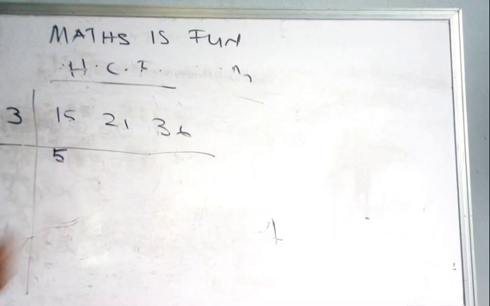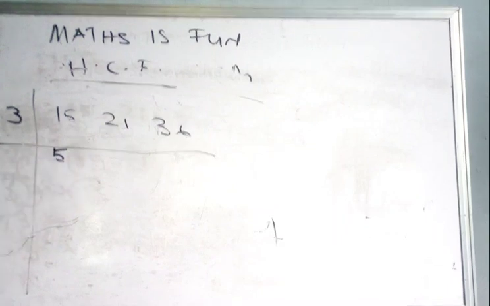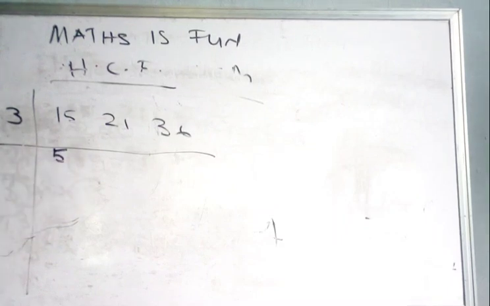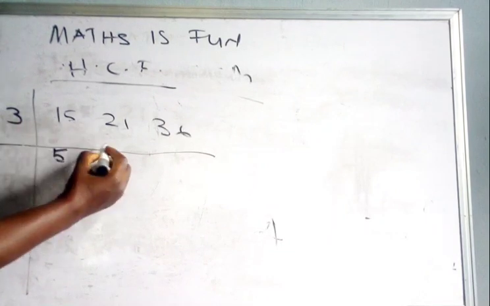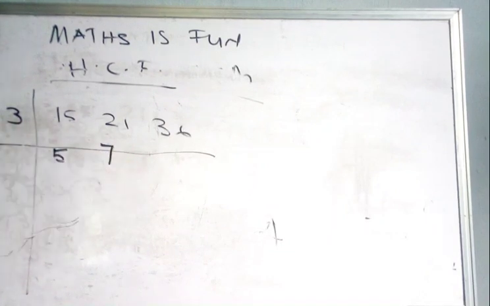Or in simpler terms, like my Nigerian kids will say, 3 times what will give us 15? It will be 3 times 5. 3 times what gives us 21? 3 times 7. Most children memorize the multiplication table, so that is what we call the times table. So it's easier to explain like that.